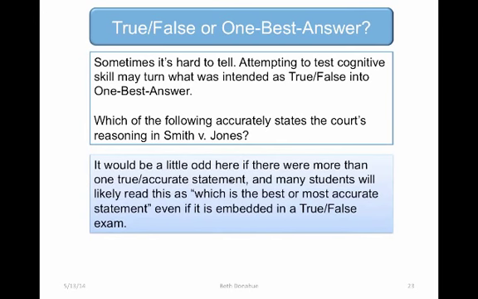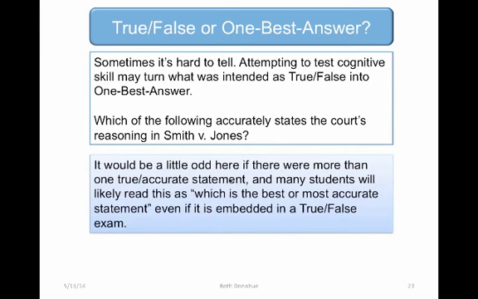You could imagine this being embedded within a true-false test, but the students are going to think it's a little odd that there would be more than one accurate statement about the reasoning. So they're going to likely treat this as though you're asking which is the best or most accurate statement, and they're going to select one.